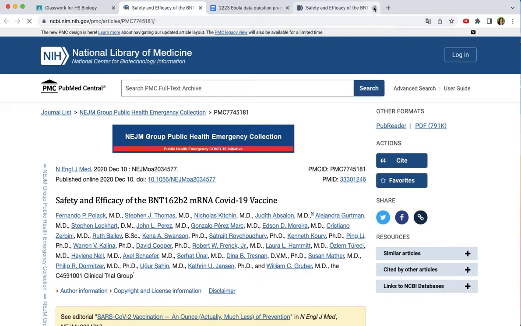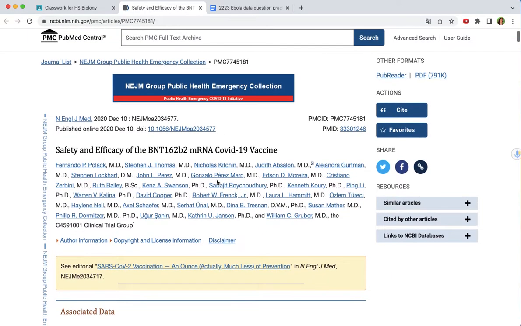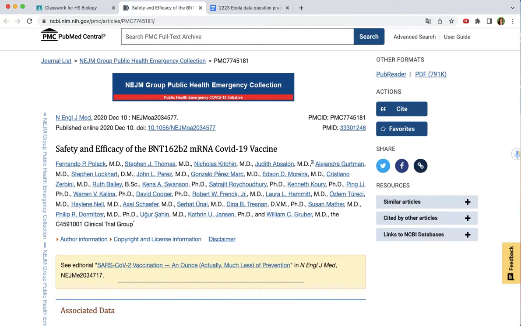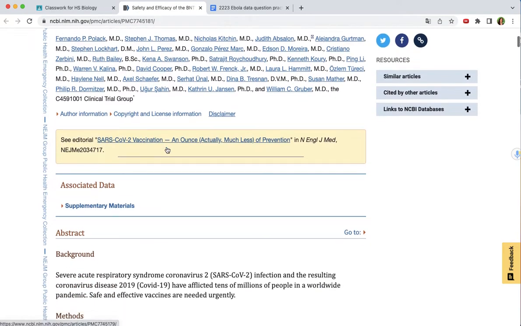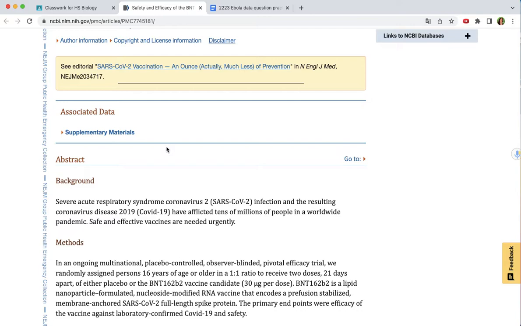looking at this study to test the BioNTech Pfizer vaccine, which is the name of it, BioNTech. Hopefully from that last question, we talked about what an independent variable is: what the researchers or investigators have changed. The dependent variable is what you're measuring.